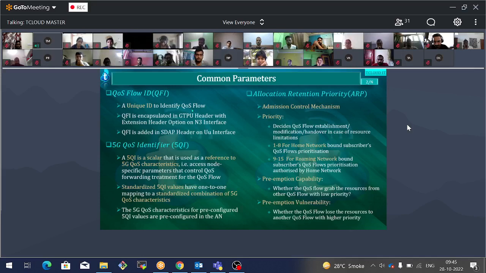Every quality of service flow can also have preemption capability enabled or disabled, and preemption vulnerability also enabled or disabled.